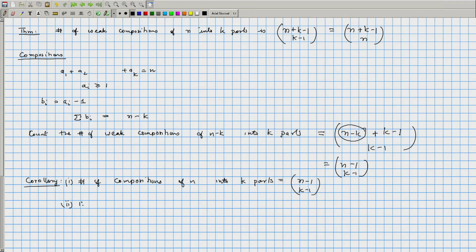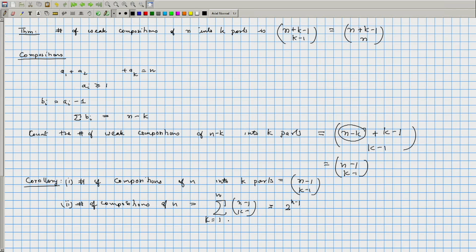So, the total number of compositions makes sense, whereas the total number of weak compositions does not really yield anything meaningful. So, the total number of compositions of n is equal to the summation of n minus 1 choose k minus 1, where k, the number of parts, varies from 1 to n, and that is going to be equal to 2 raised to n minus 1. That is just the binomial identity.